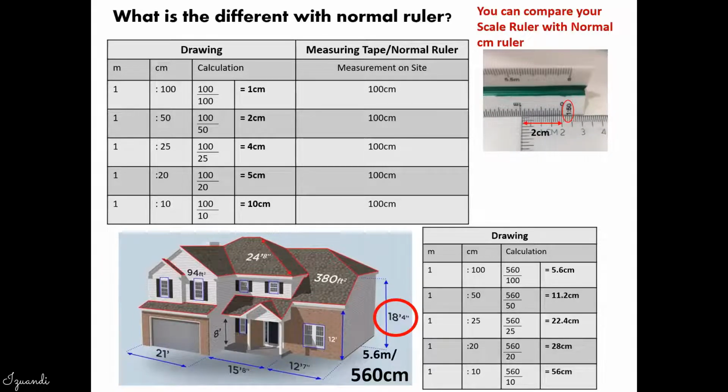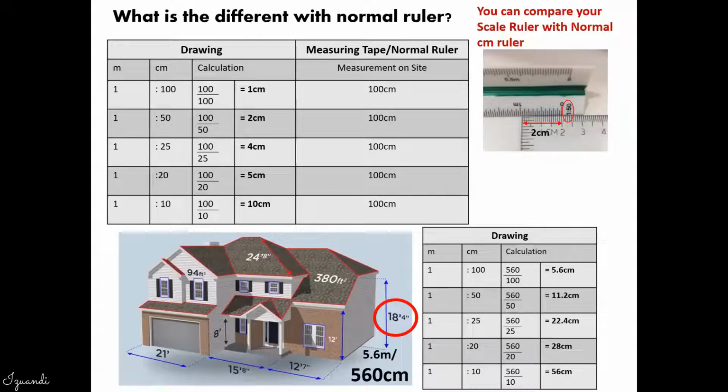Now move on to the calculation itself. When you calculate, the same thing happens as in the table above. For example, you are using 1 to 100. Use the height of the building, but you need to convert it into centimeters first. 560 centimeters divided by the scale of 100, then you will get 5.6 centimeters.